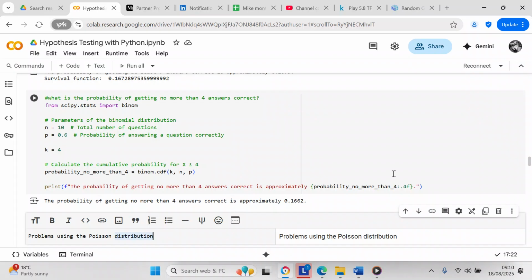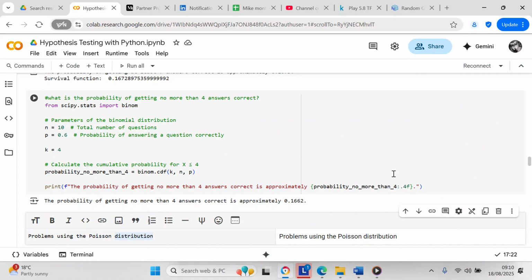The parameters of the binomial distribution are n equals 10, that's the number of questions, p equals 0.6, that's the probability of answering a question correctly, and k equals 4, that's the number of questions that you want to get correct.